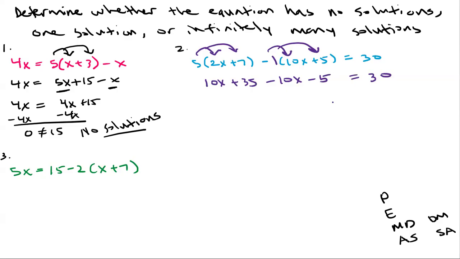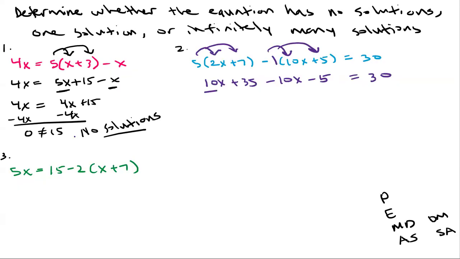Then I'm going to combine like terms. I'm going to combine 10x with minus 10x, which gives me 0. Then 35 minus 5 is plus 30, and that's equal to 30. So 0 plus 30 is 30, and that equals each other.